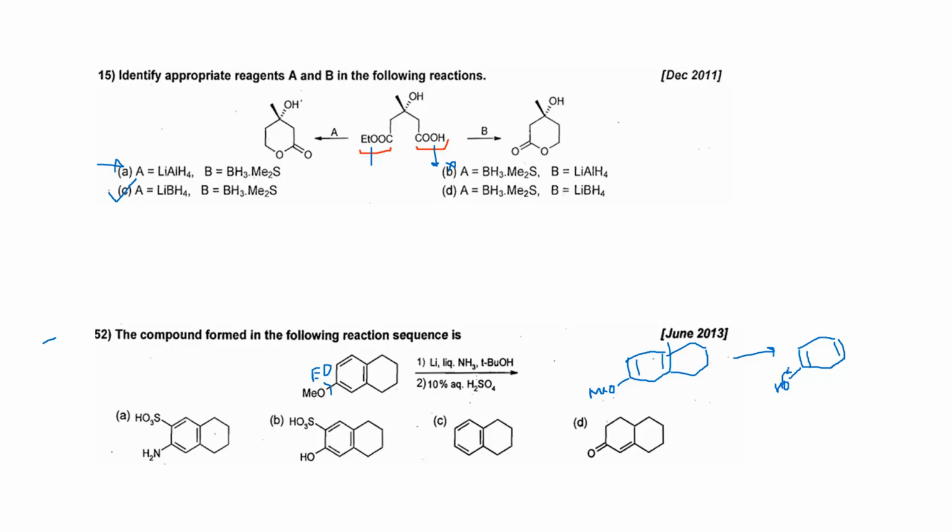That undergoes tautomerism. And to get a conjugated structure, there will be a double bond migration. There will be a migration of double bond. We will get D as our product.